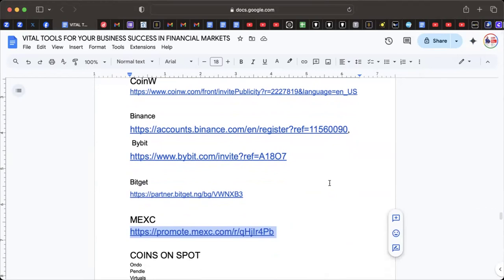And then next you're going to need TradingView, even though the exchange you're going to be using will have some of those features, but organized trading needs an account on TradingView.